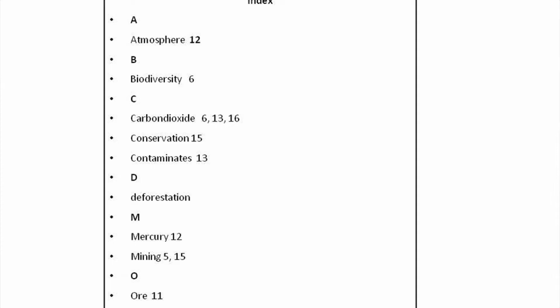If you looked closely, you would have seen the letters A, B, C, D, M, and O. It might not follow the alphabet in its entirety, but the letters are placed there so that the words are placed under each letter in alphabetical order. Now, these are the words that will appear in the chapters of my book.